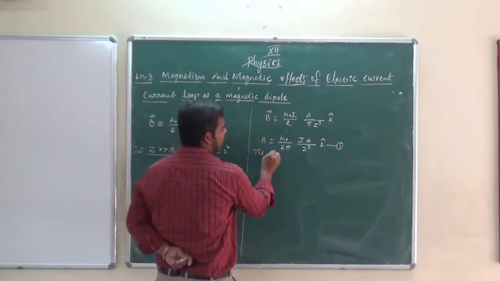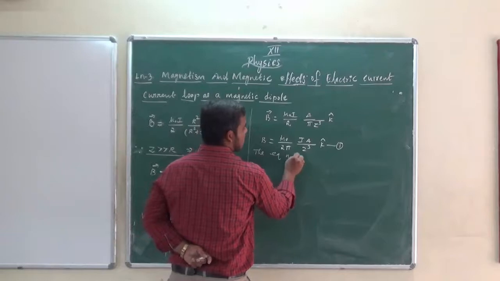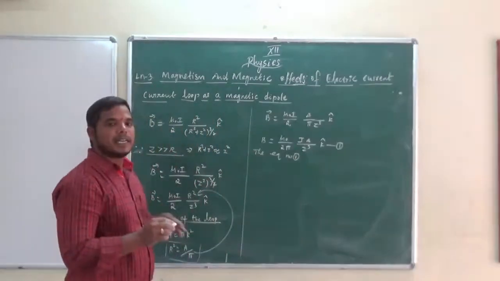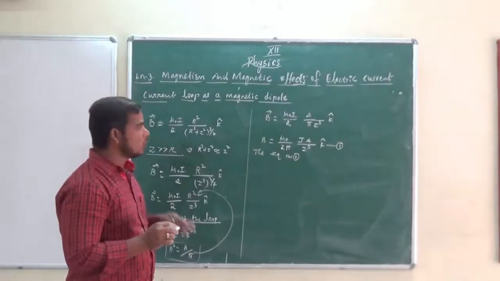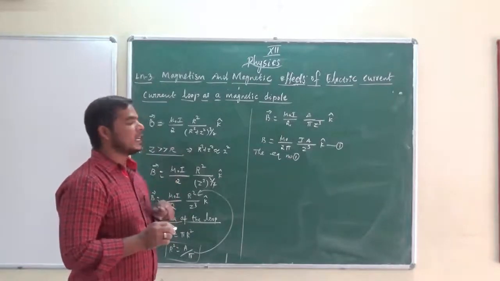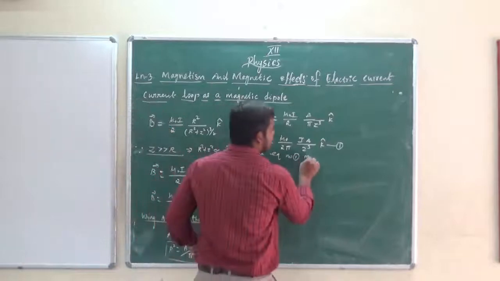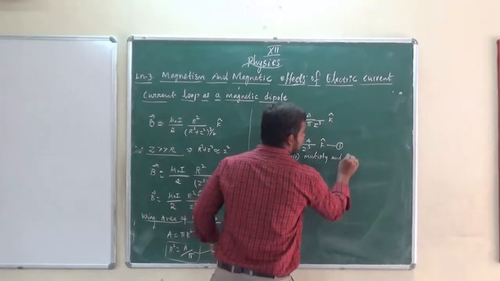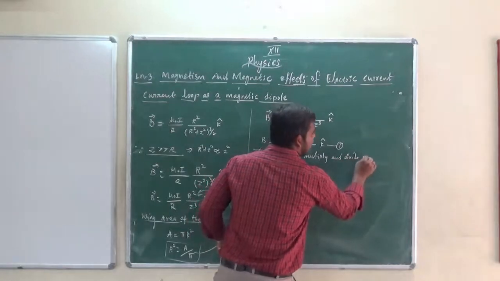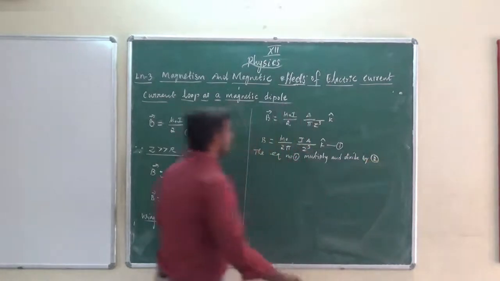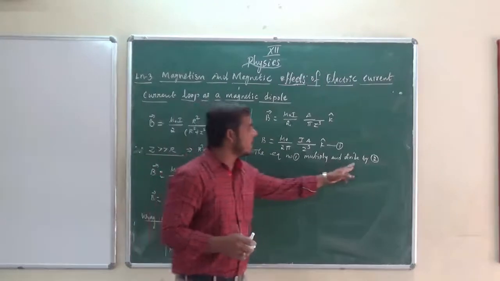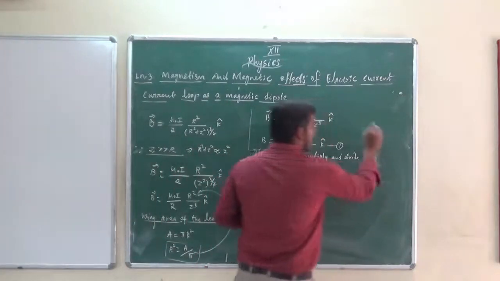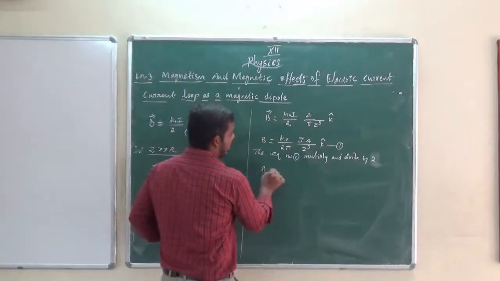In equation number 1, we multiply and divide by 2. What will we get?